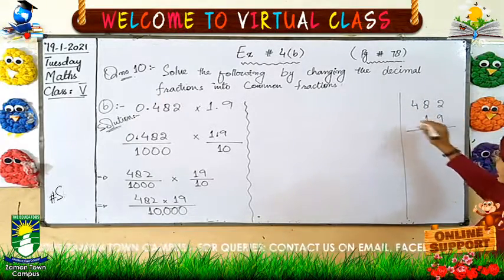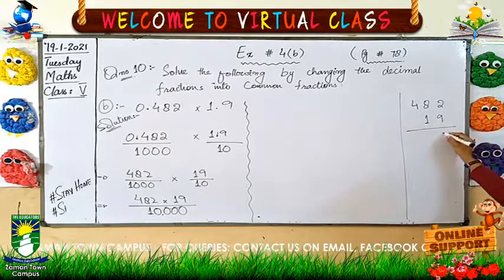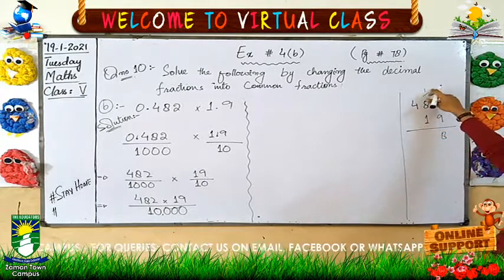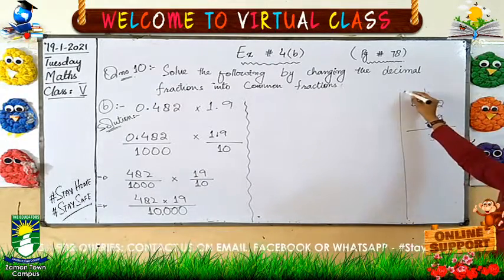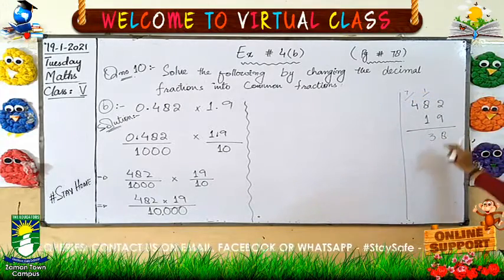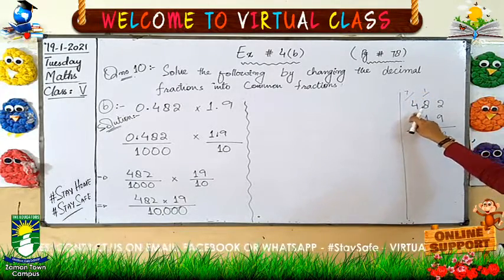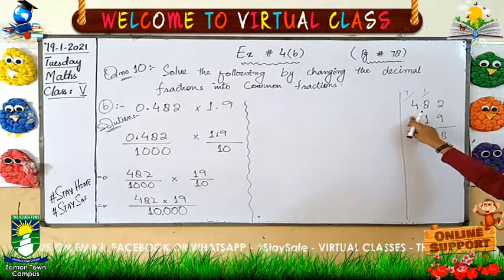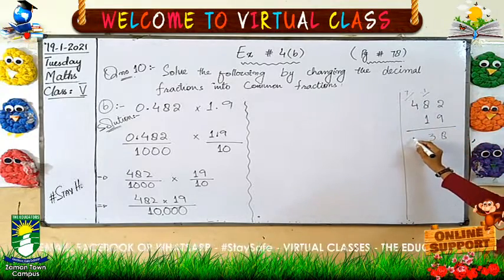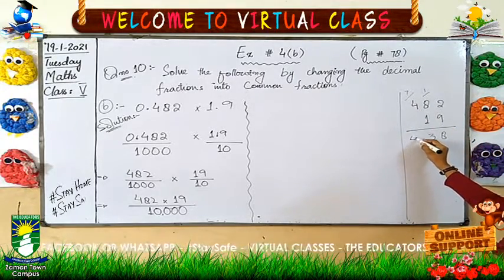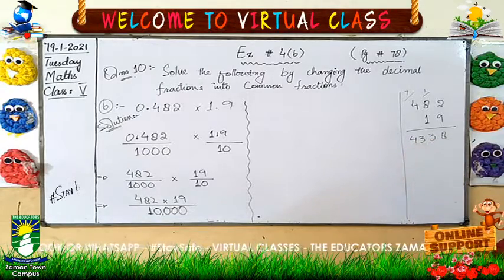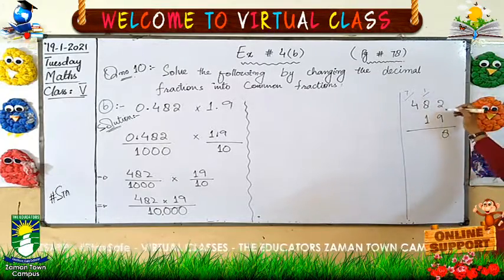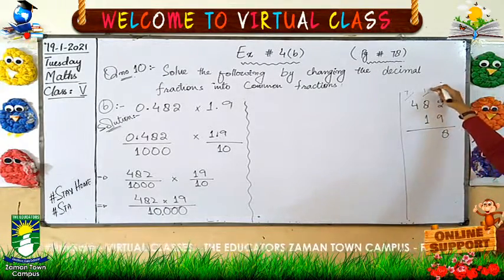What do we get? 9 twos are 18. 8 written here, 1 carried. 9 eights are 72 plus 1, 73.